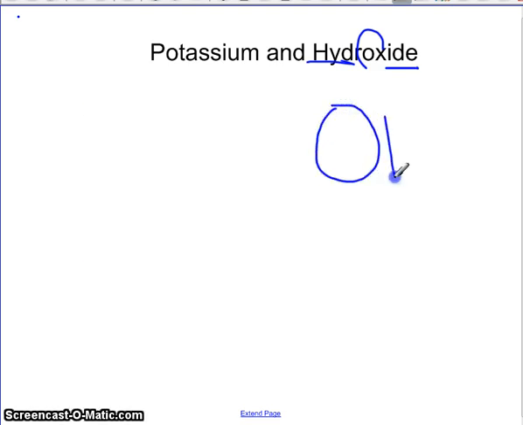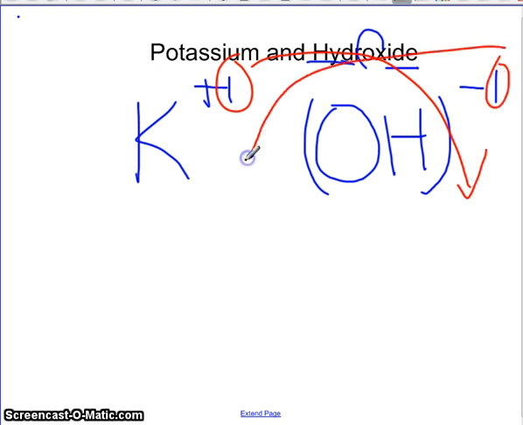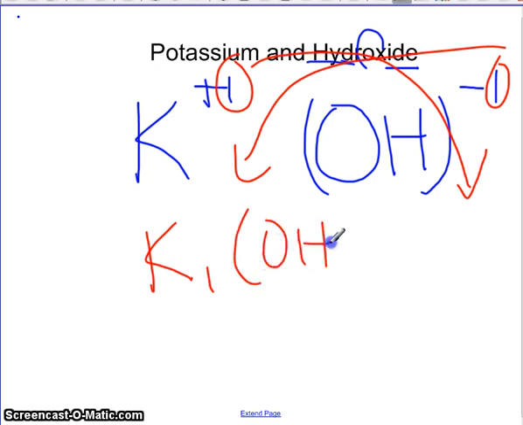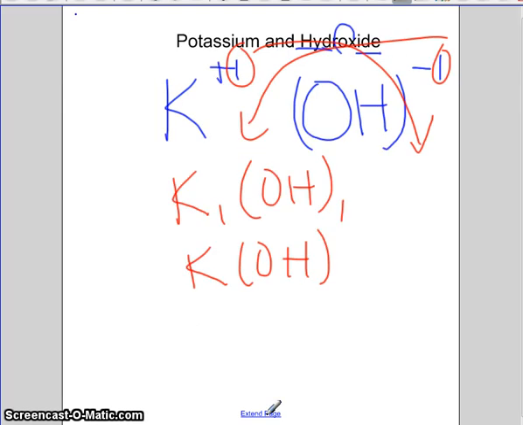So, OH, and since it is a polyatomic ion, I'm going to put it in parentheses, with a charge of -1. Potassium, being in group 1, will have a charge of +1. When you take the numbers and cross them down, you get K1(OH)1. Again, you don't have to write the ones. Since there's no number outside of the parentheses, you don't need the parentheses anymore. So it would just be KOH.